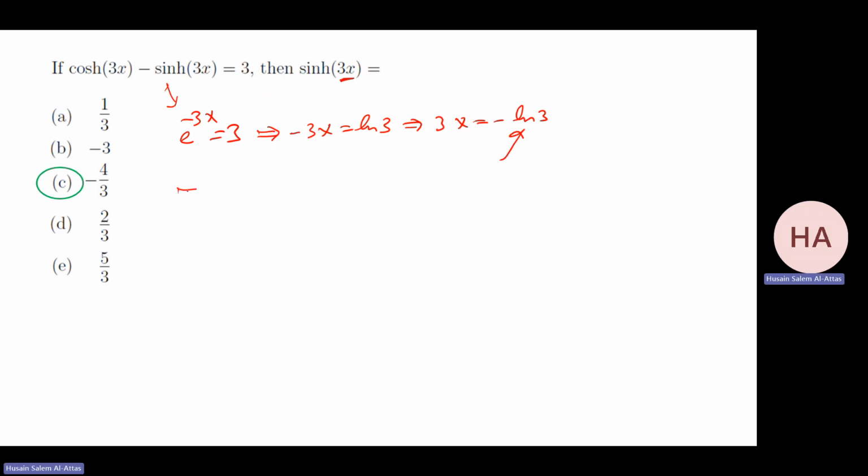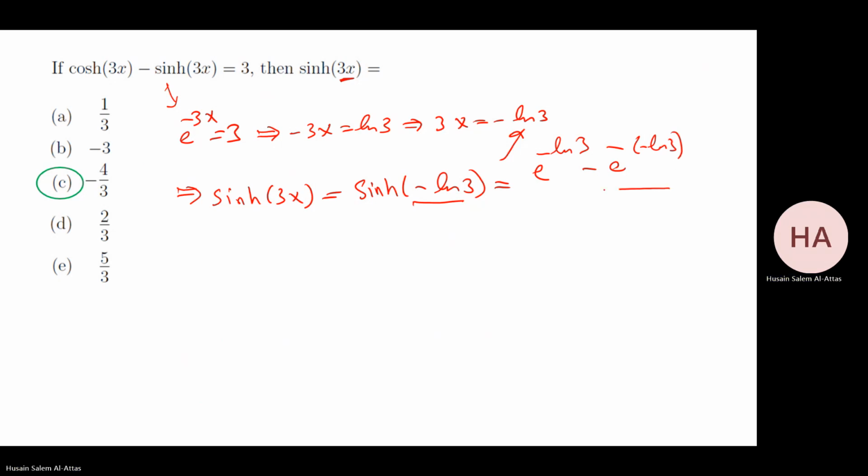So that means sine hyperbolic of 3x will be sine hyperbolic of minus ln 3. And that will be e to the power x minus e to the power minus x over 2.